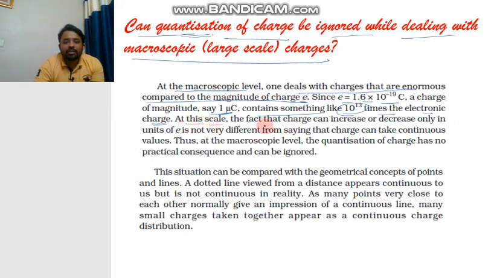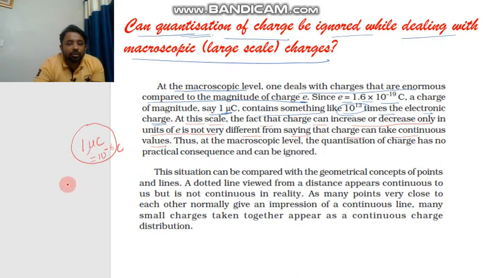At this scale, the fact that the charge can increase or decrease only in units of e is not very different from saying that the charge can take continuous values. So let me explain. Suppose I have an object, and this object contains 1 microcoulomb of charge. Now 1 microcoulomb, as we already know, is equal to 10 raised to power minus 6 coulomb.